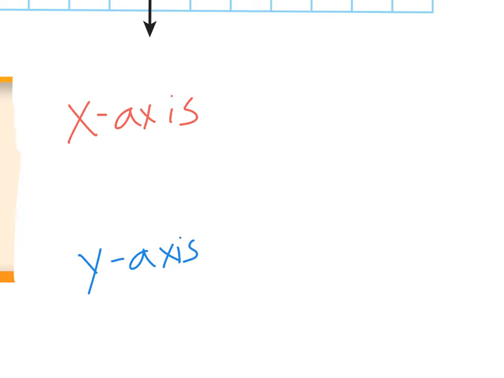Now, if we're reflecting over the x-axis, the first thing you're probably thinking is that x goes in what directions? Yeah, x goes left and right. However, if we're reflecting something over the x-axis, let's take this heart, and I reflect it over the x-axis, is it going to move to the left or is it going to move down?